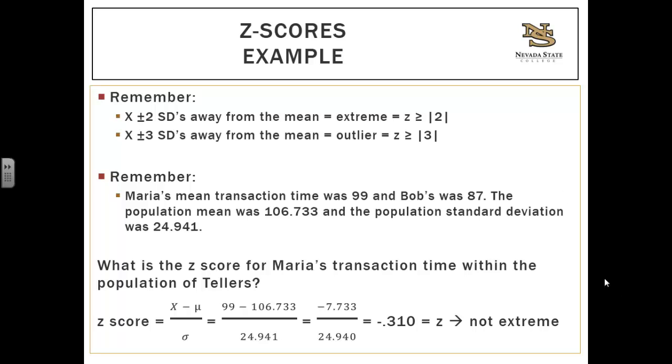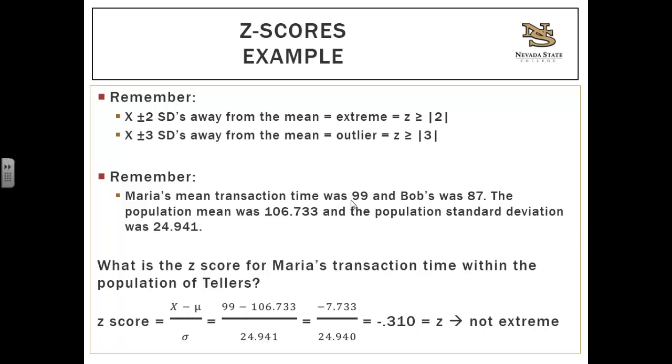So remember, where we were looking at Maria and Bob, her mean transaction time was 99 and his was 87, and the population mean is 106.733. And if you calculated the population standard deviation, which I didn't have you do, you end up with 24.941. So what would be Maria's z-score?